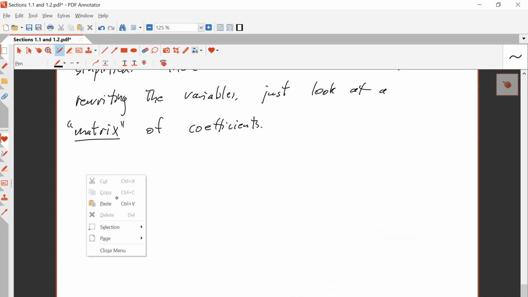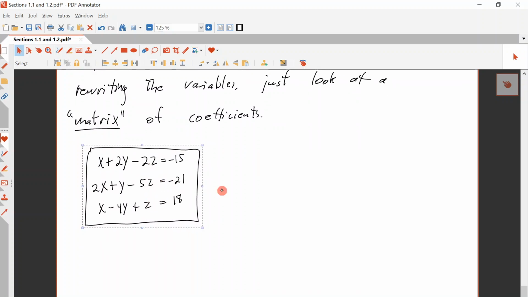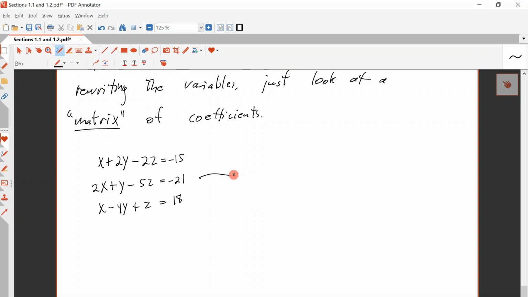So, right, we started with this. So what we do is we write this as follows. Just look at the coefficients. I have x plus 2y minus 2z equals minus 15. You don't even need these matrix-like niceties here, but I'll do it anyway. 2x plus 1y minus 5z equals minus 21.